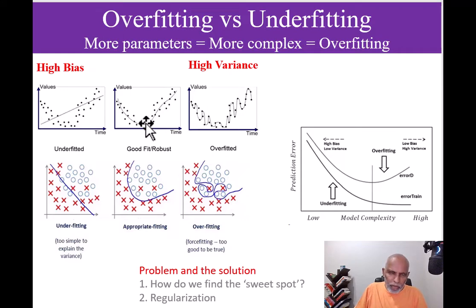So the good fit, the sweet spot, is here, and that is what this picture says. It is a matter of managing your prediction error using training and testing. This is the training based prediction error, and low model complexity means a lower number of parameters, high model complexity means a higher number of parameters.